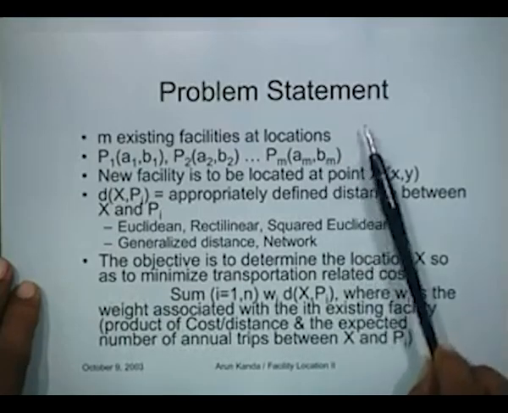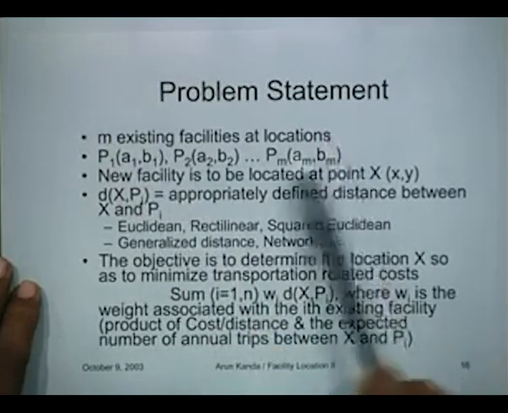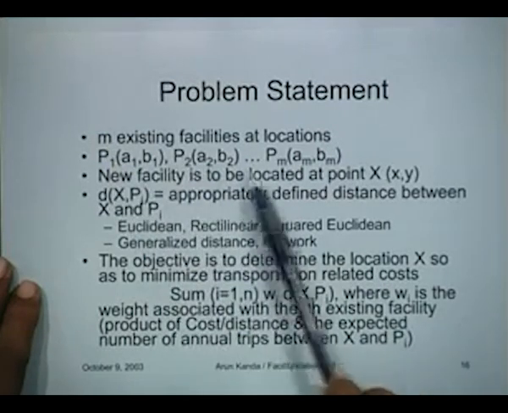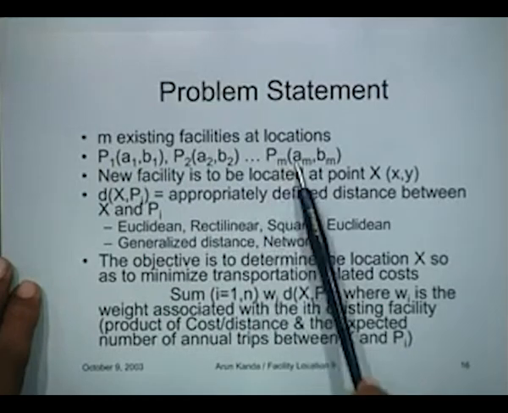For this problem, the mathematical statement can be built up as follows. We have m existing facilities at locations P1, P2, up to Pm, whose coordinates are (a1, b1), (a2, b2) and so on up to (am, bm).